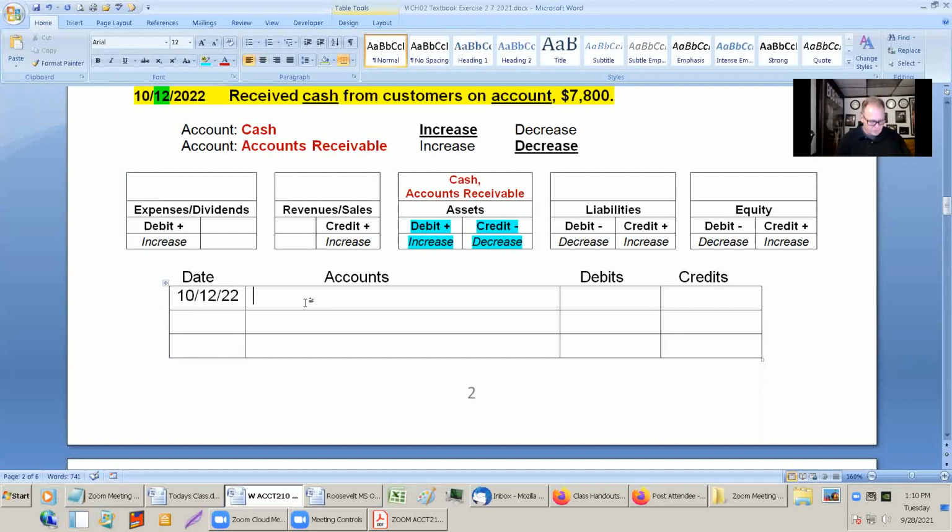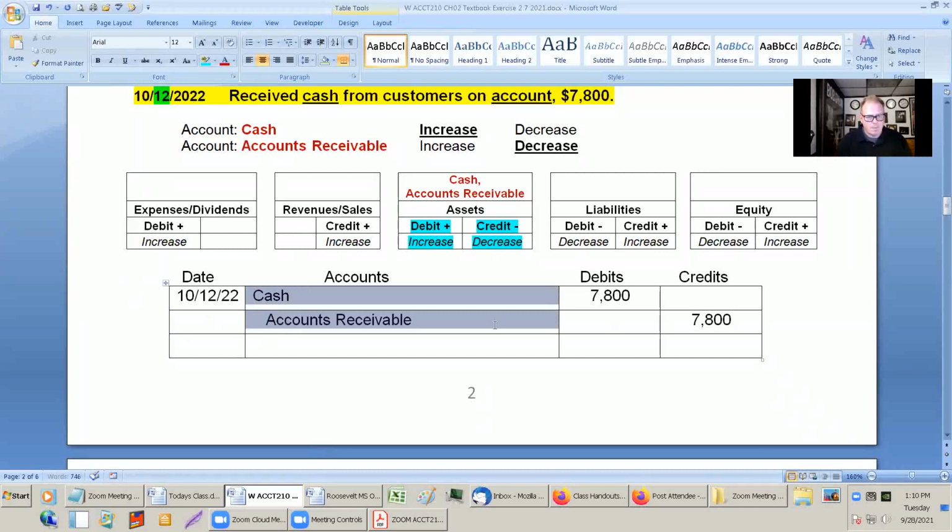All right, so cash is a debit, it's going up. Accounts receivable is going down. And again, you don't need to put pluses and minuses or anything.